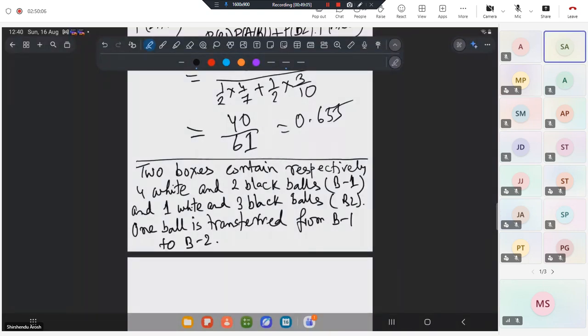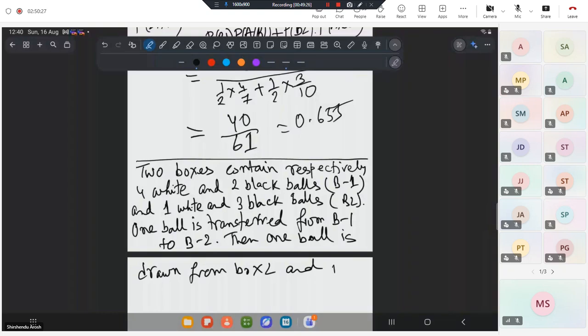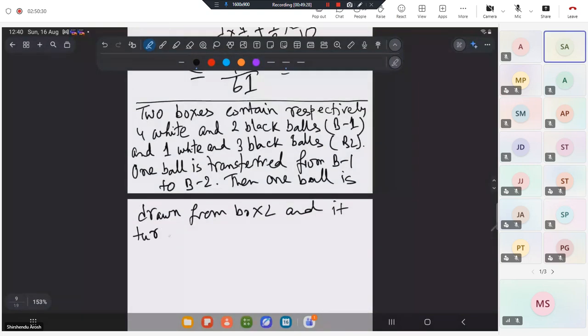Then one ball is drawn from box 2 and it turns out to be black.